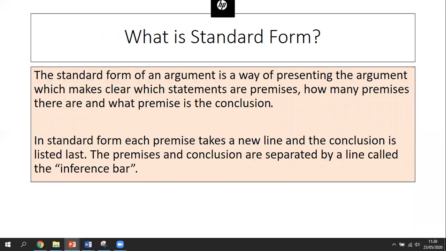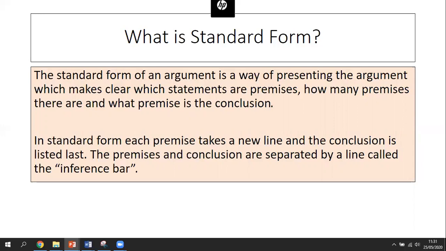The standard form of an argument is a way of presenting the argument which makes clear which statements are premises, how many premises there are, and which statement is the conclusion. In standard form, each premise takes a new line and the conclusion is listed last. The premises and conclusion are separated by a line called the inference bar.